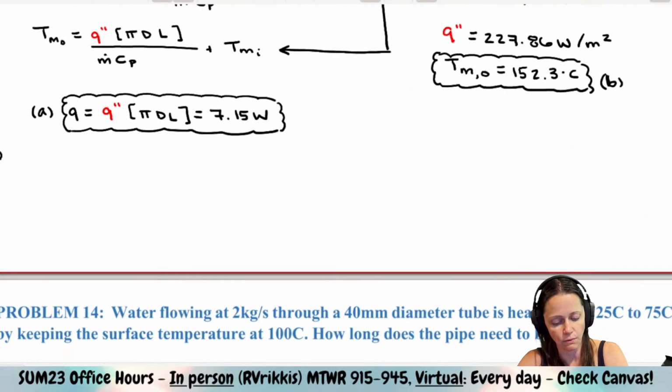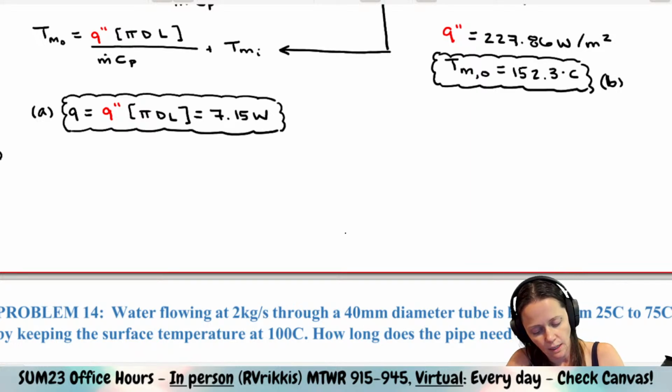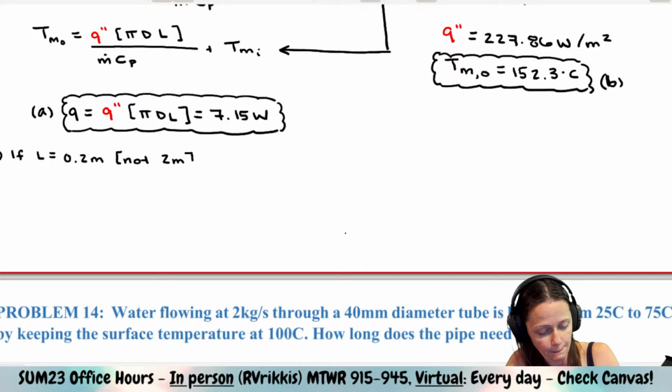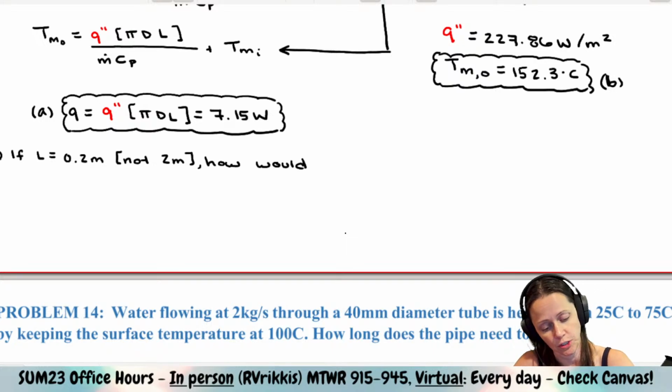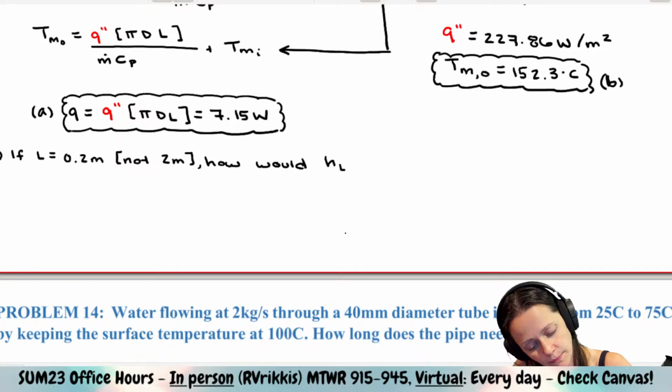What I'm asking is, if the length were 0.2 meters, not 2 meters, how would our heat transfer coefficient, h, be affected?